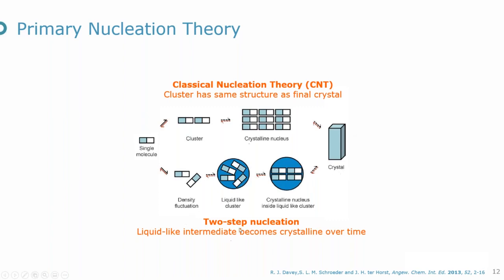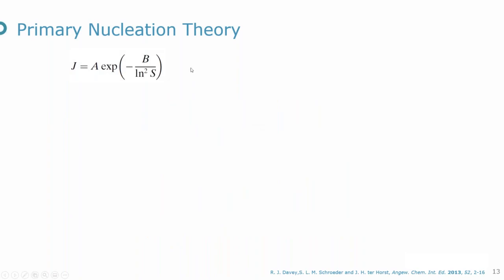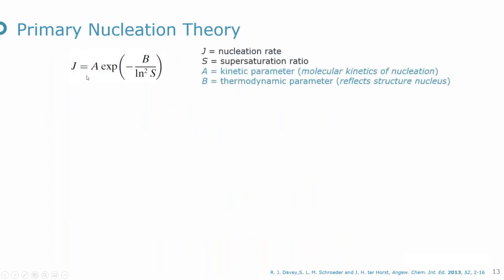This is called the two-step nucleation mechanism, and it's more elaborate than the classical nucleation theory. If you would like to know more about these theories, I would refer you to this nice Angewandte review. For the talk, I will focus more on the classical nucleation theory, since I also use this in my studies. For the classical nucleation theory, we have this key expression.